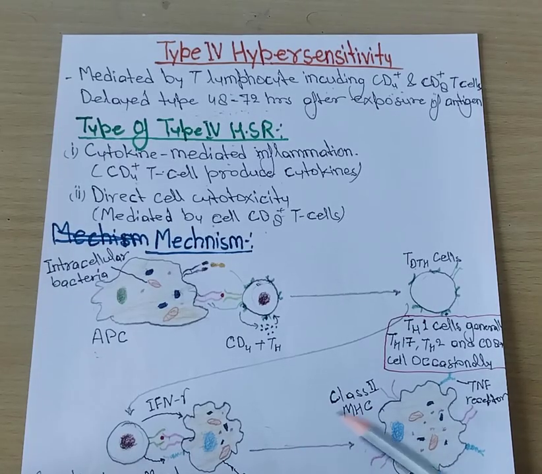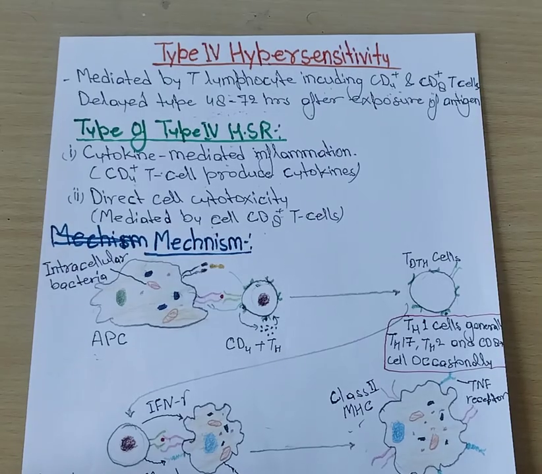The resting macrophage gets activated and has class 2 MHC receptors and TNF receptors. The activated macrophage causes phagocytosis of the antigen.